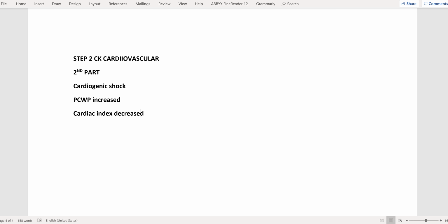S4 is present. What do you do next? You do an echo. Yeah, excellent. What diagnosis are you thinking of? Aortic stenosis. Good job. You know you can even do cardiology fellowship. Yeah, delayed carotid, that's an aortic stenosis.